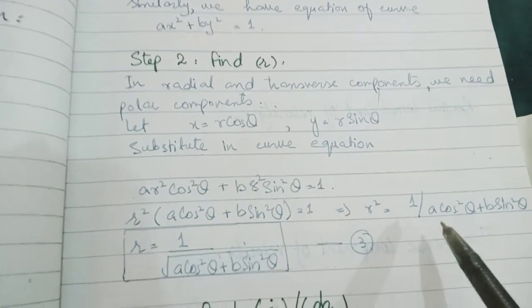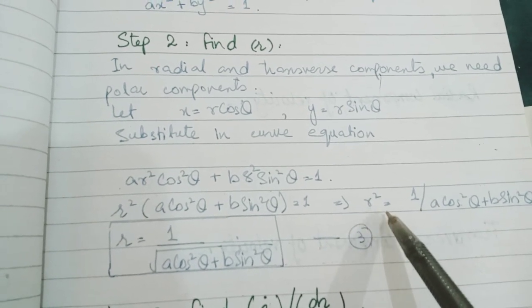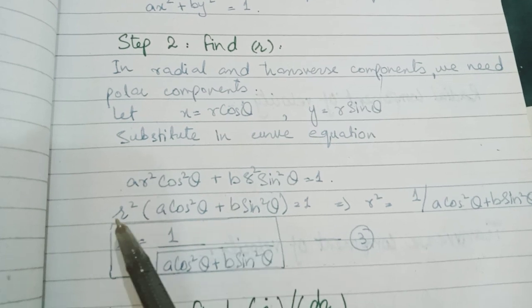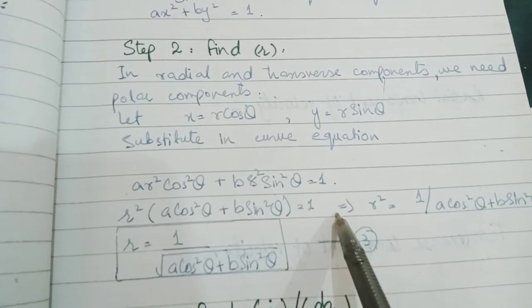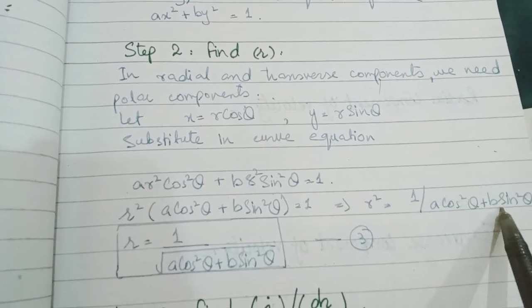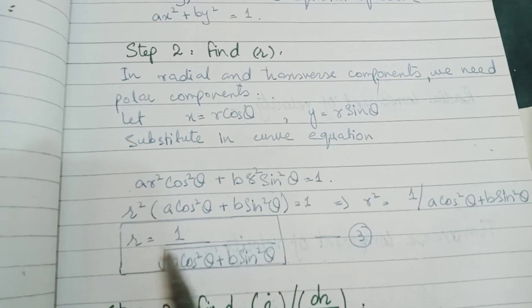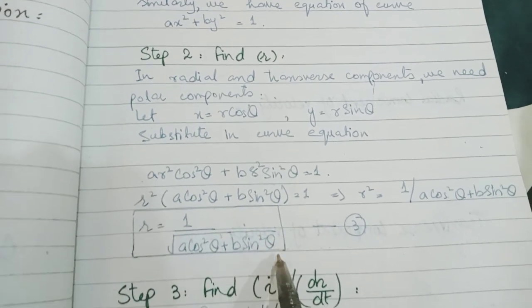Now as we have to find the value of r, r square is equal to 1 upon this value. Here it's multiplying with r square, so when we send it to the other side of the equal sign, it would be in division like this. So now the value of r would be somewhat like this, and we would consider it as equation number 3.